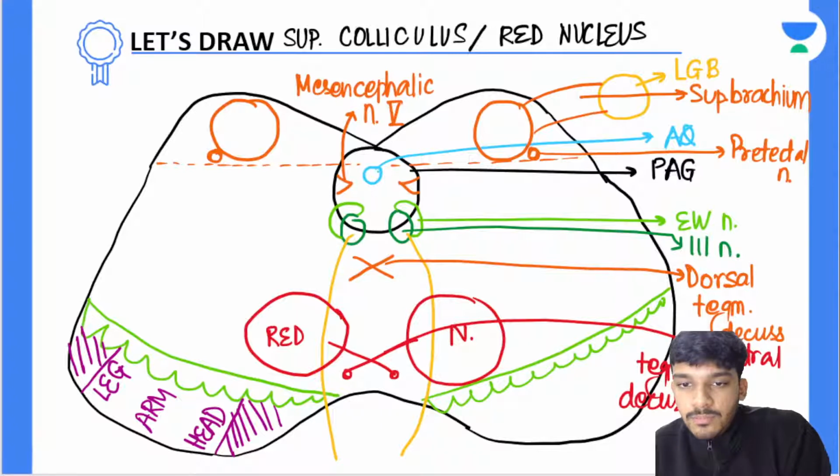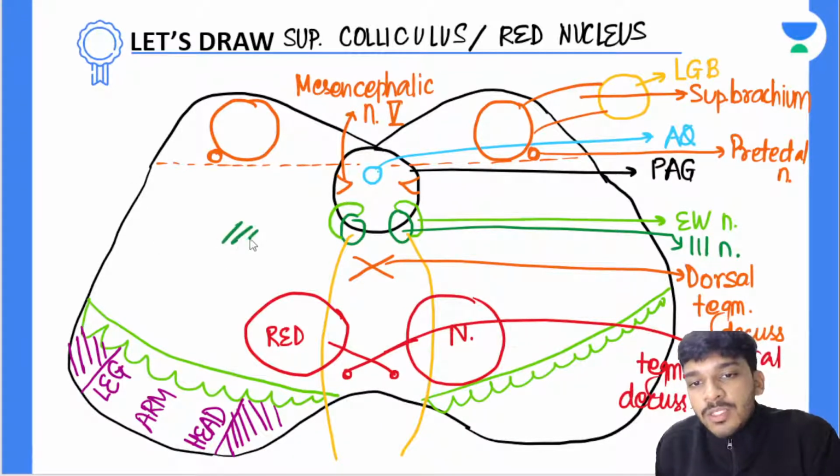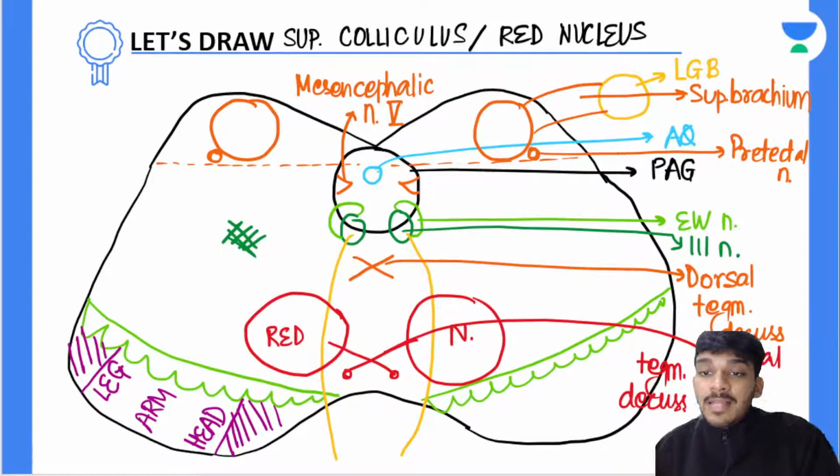One more structure that I will be drawing in almost every diagram here is the reticular formation. On the sides, you can also draw the lemnisci. You won't have a lateral lemniscus now. You will only be showing the spinal, trigeminal, and the medial lemniscus.